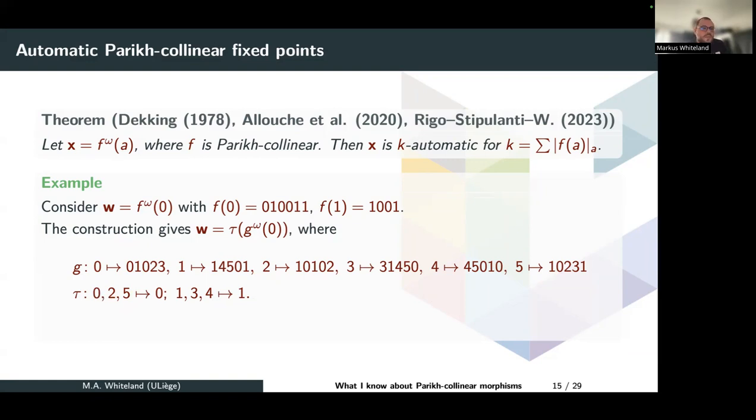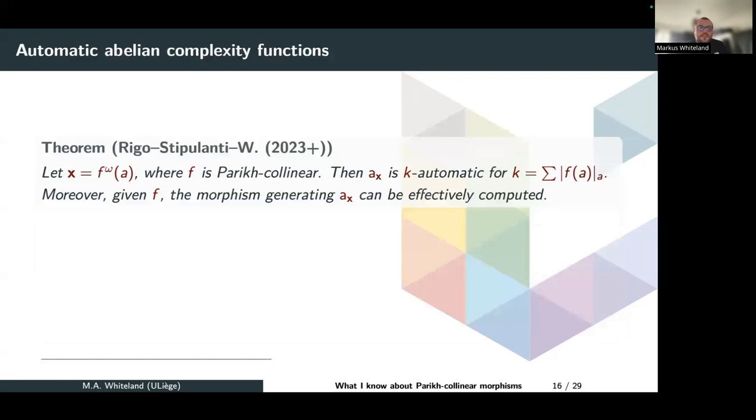Okay, so we wish to utilize this fact that it's automatic to get something about the abelian complexity function, right? So what we prove is that if you take the abelian complexity function of a Parikh-collinear fixed point, then it's actually k-automatic for the same k that the fixed point is.